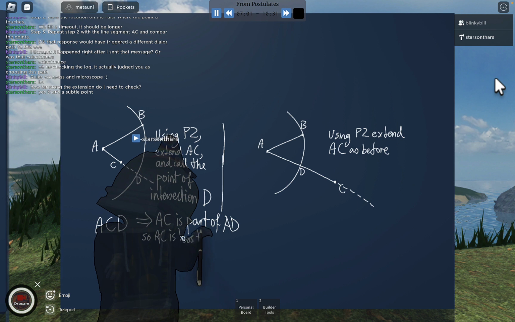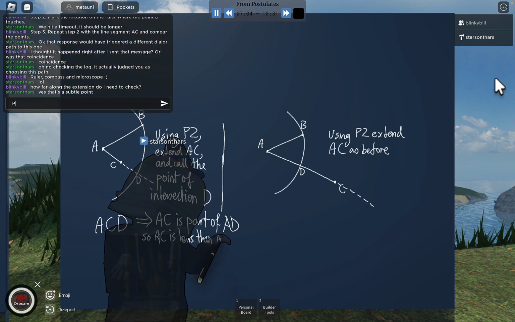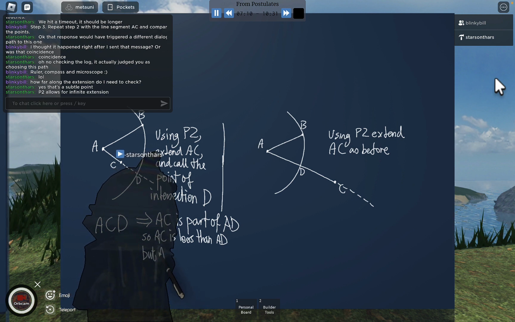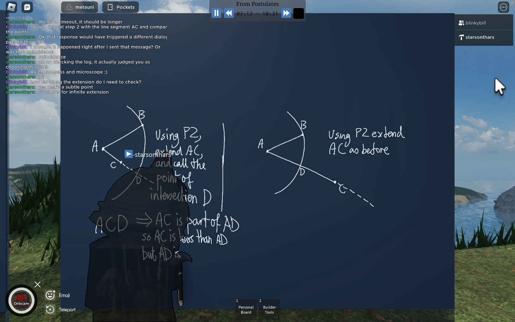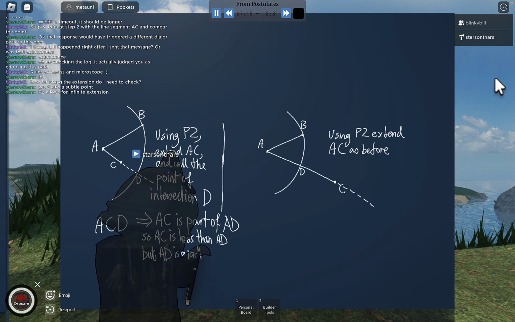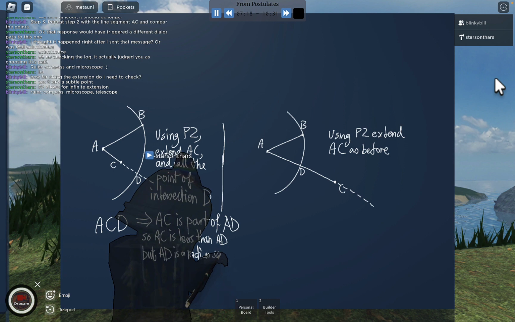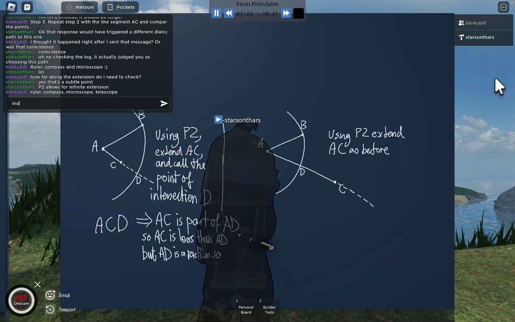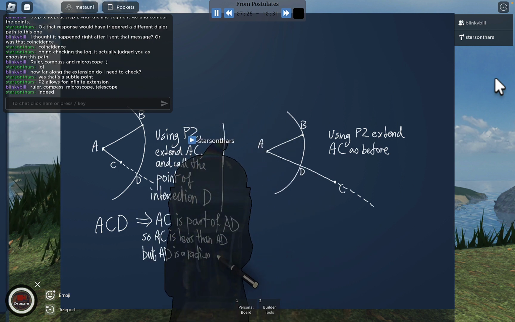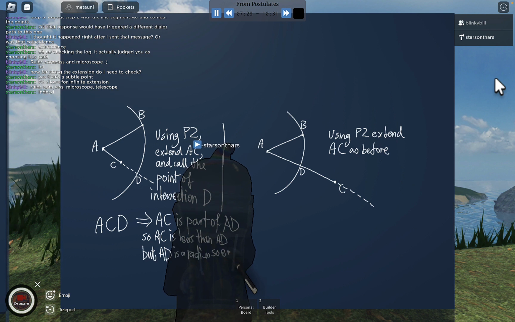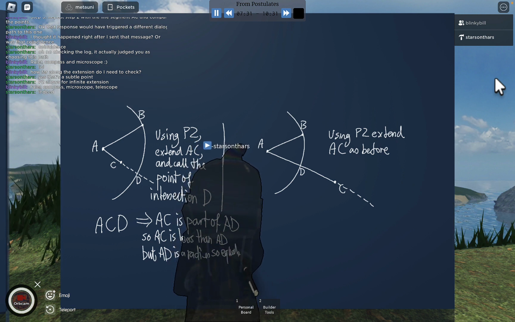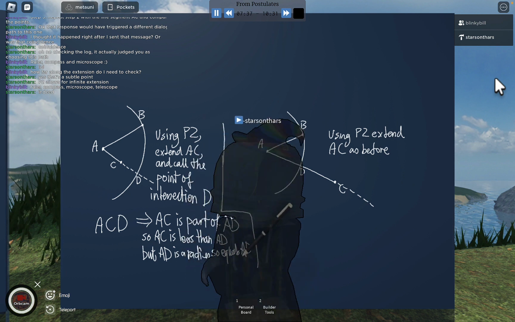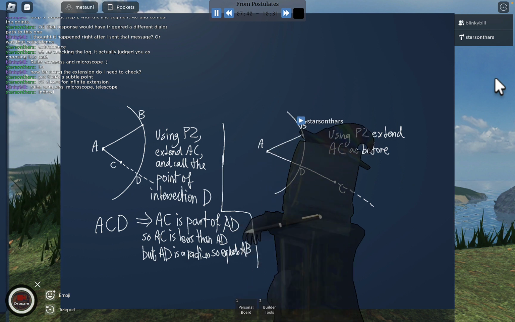Let's say less than AD. But AD is a radius, so equals AB. Okay, so that's if the points are ordered ACD.